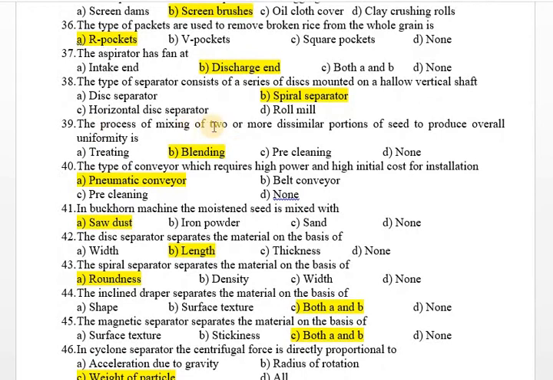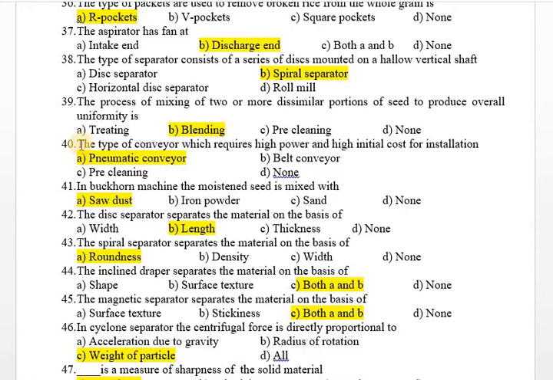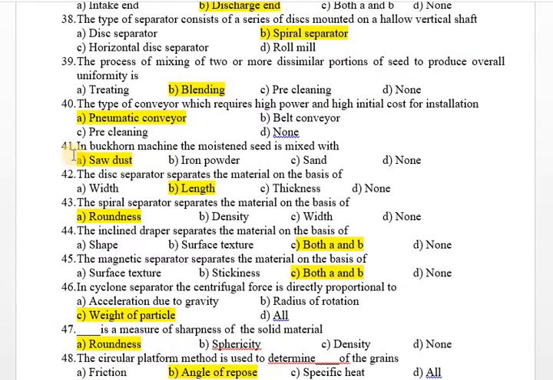The process of mixing two or more dissimilar portions of seed to produce overall uniformity is called blending. The type of conveyor which requires high power and high initial cost for installation is the pneumatic conveyor.